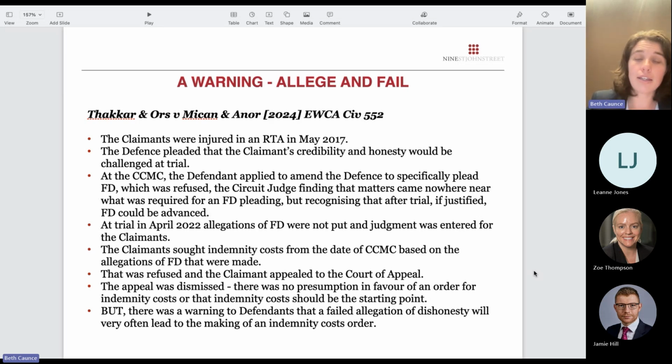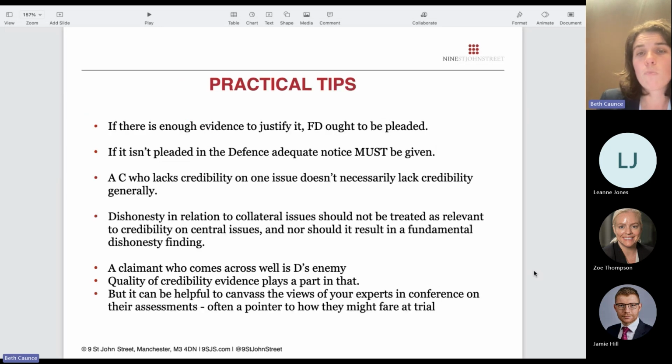It didn't in that case, but the warning was there, and perhaps in that case, in the circumstances where it was raised at the CCMC but then not pursued at trial, it was perhaps not the clearest example of where FD was put and failed, and perhaps that was one of the reasons why that argument failed. But notwithstanding the eventuality of that case, the warning is there.